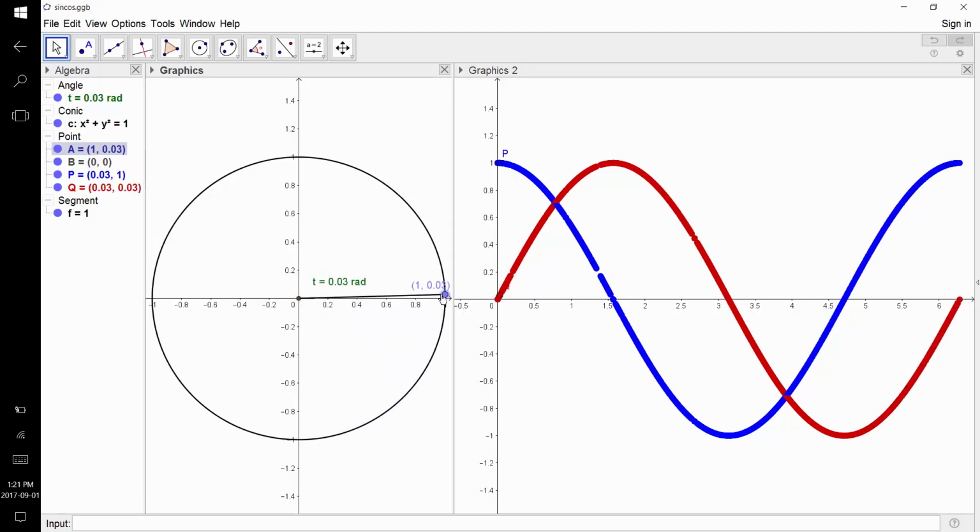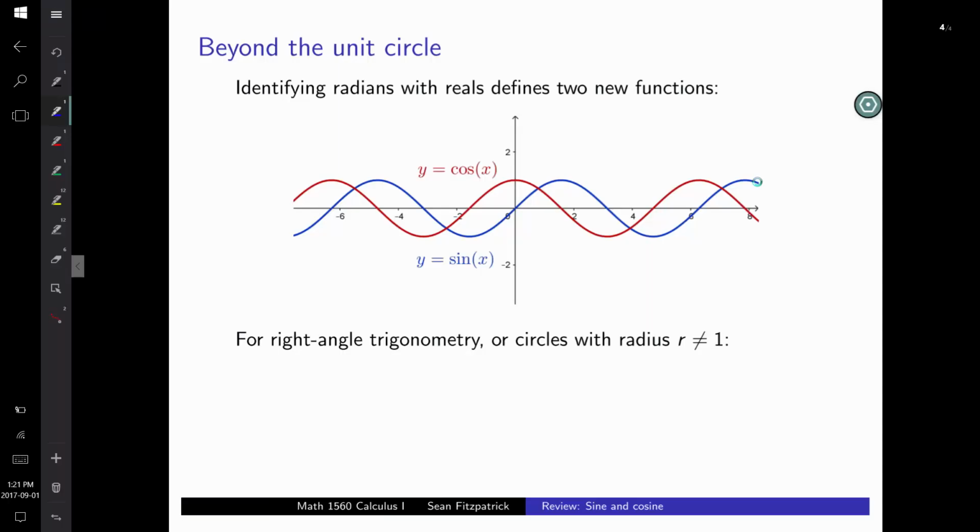By the way, on the right-hand side, things aren't perfectly to scale because I wanted to make sure I could fit a full revolution in. So you'll notice that the x-axis is squished relative to the y-axis. But you see these curves showing up. These curves are exactly the curves that you see when you plot the sine and the cosine functions. There they are again. And so that's how you come up with these graphs for the sine and the cosine functions, or that's one way of thinking about it.